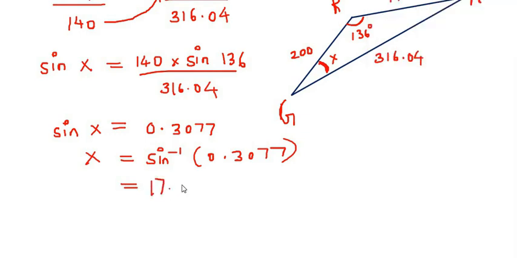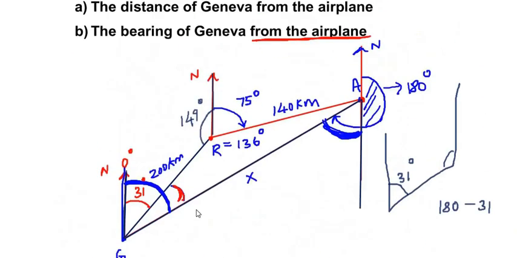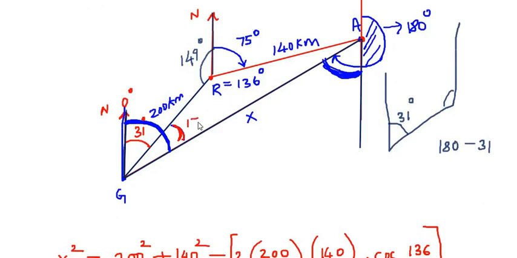So we have the angle as 17.92 degrees. So we come over here and we write it as 17.92. So this total angle, that is NGA, is going to be 31 plus 17.92. So we get it as 48.92 degrees.